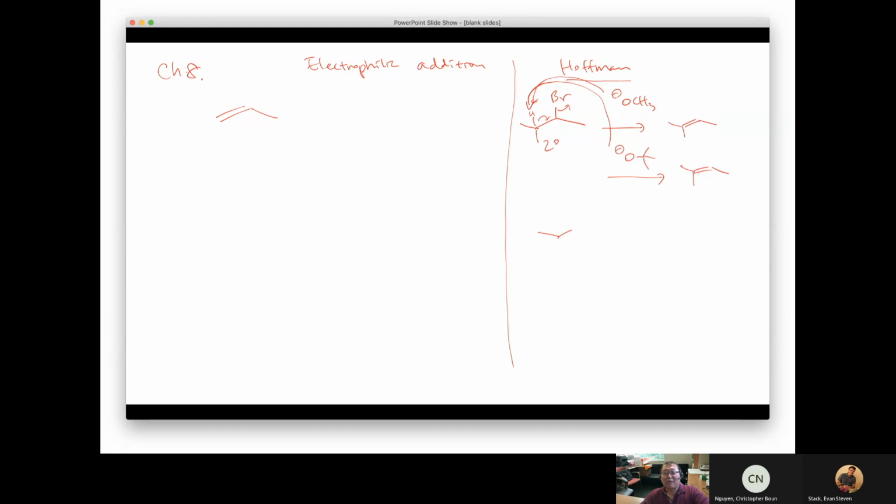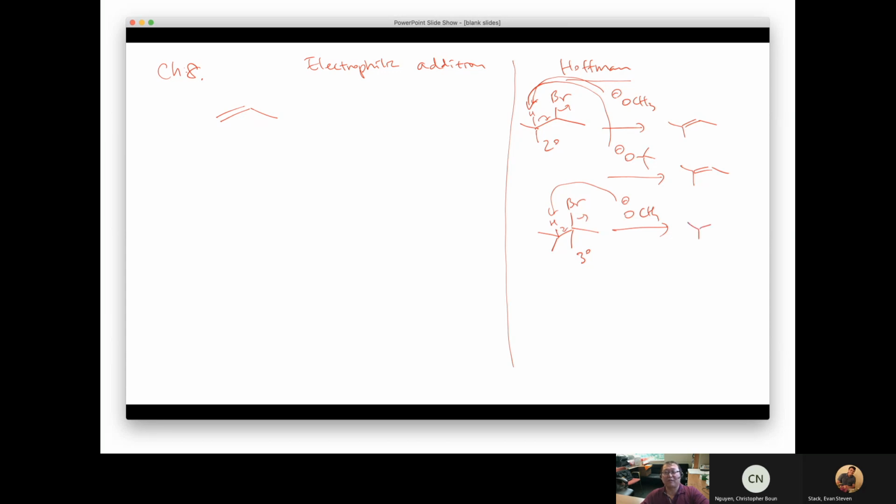So when does the Hoffman product actually happen? Let's say I make this position a tertiary alkyl halide, and I make this side big like this. Even with a tertiary alkyl halide, if you're using a small base like this, it's still going to give the Saytzeff product.